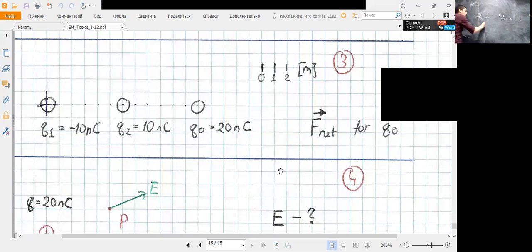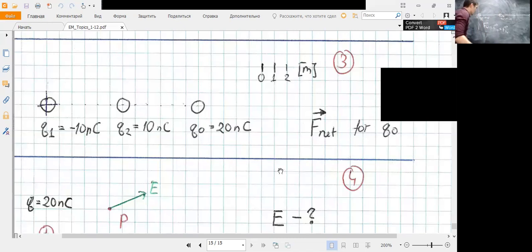So F net force is equal to what? F10 vector plus F20 vector. F10 is the force between the Q1 and Q0. F20 is the force between the Q2 and Q0.